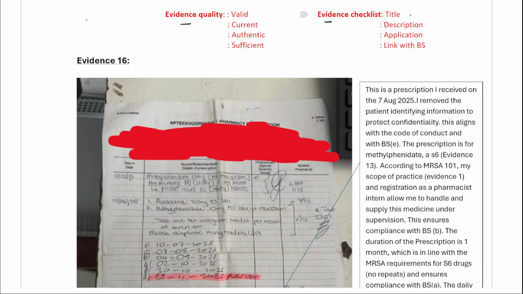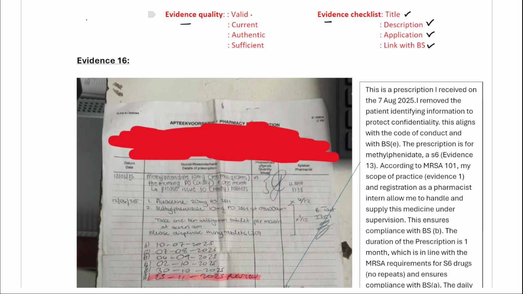On the evidence checklist, I'll first be looking at the title of the evidence, a description of what this evidence shows, an application that needs to be related to the competency standard and the behavioral statement that is being addressed, and then the link with that specific behavioral statement.